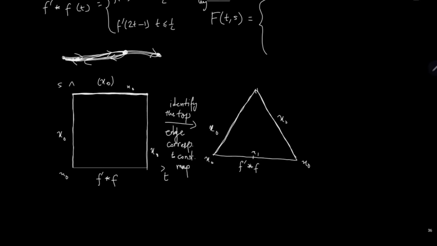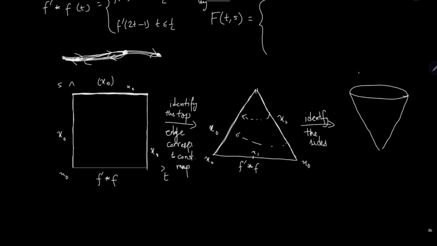On this one, we identify the sides which are all just that one point x naught. That would look like taking this side and placing it on top of this, like that. So that would look something like a cone, basically, right? Why did I just put that cone upside down? This cone's looking like this.